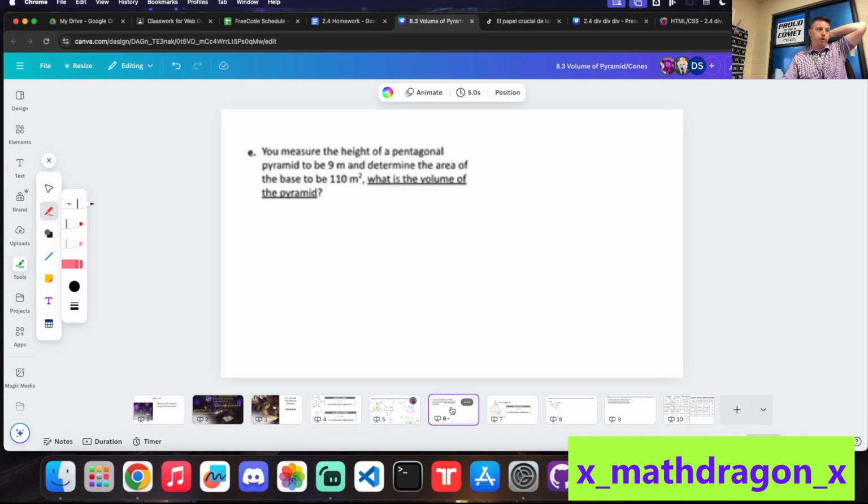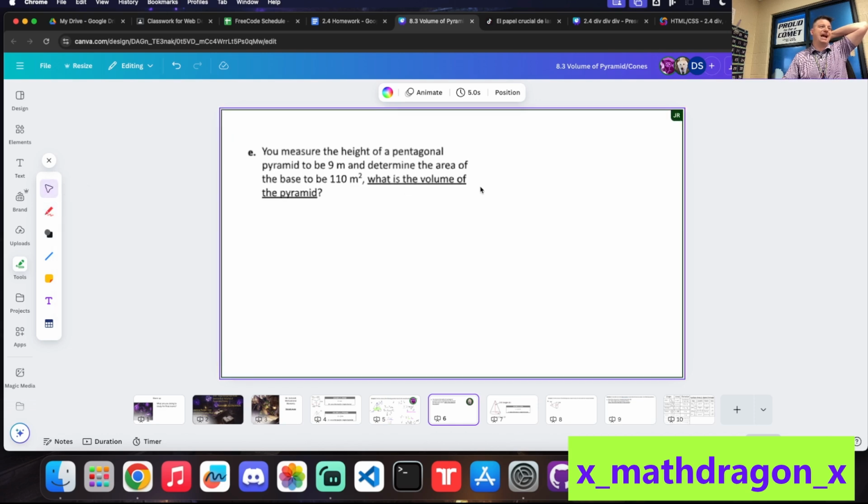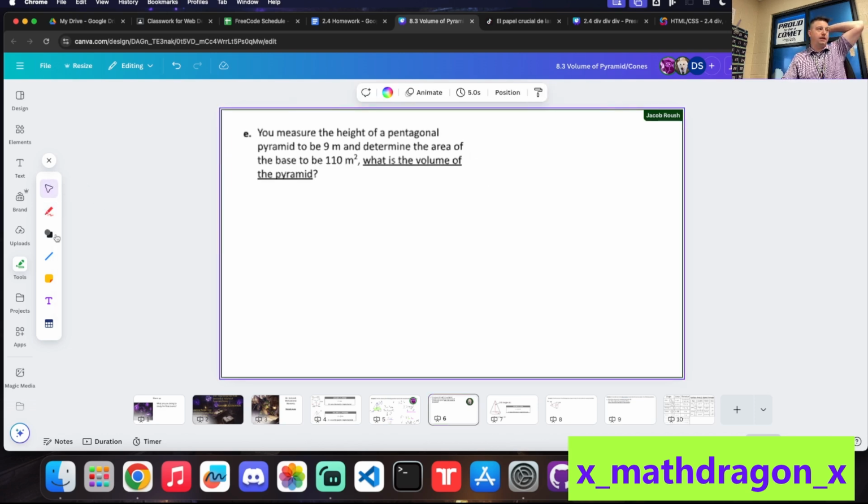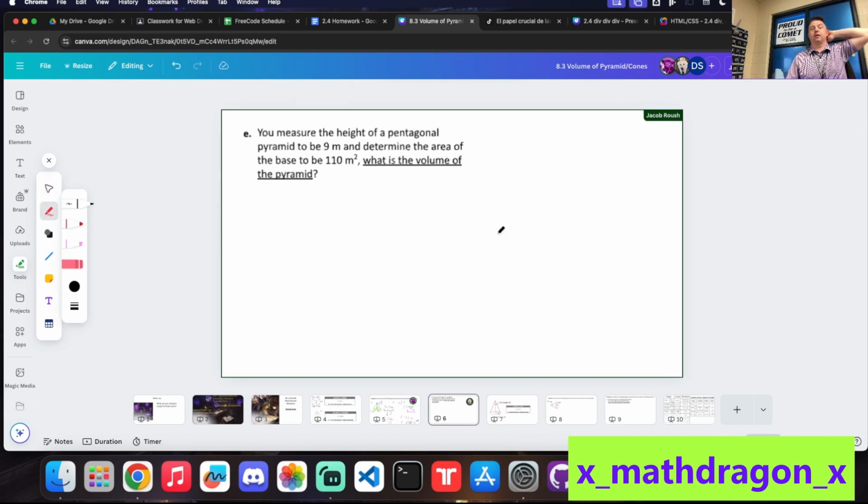The story problem, you measure the height of a pentagonal pyramid. Now, a lot of times you're going to hear things and go, we never learned that, Schmidt. It doesn't matter. We're trying to find what the volume of the pyramid is. So the volume of a pyramid is 1/3 base area times 3D height.